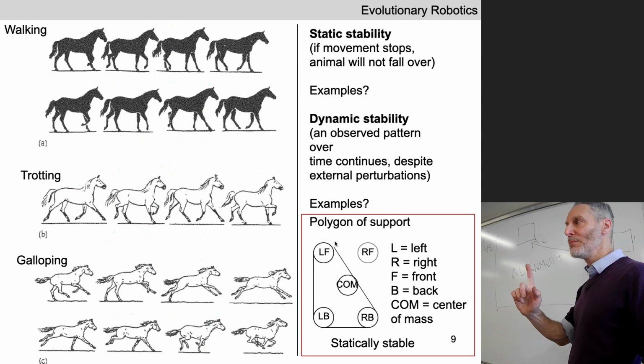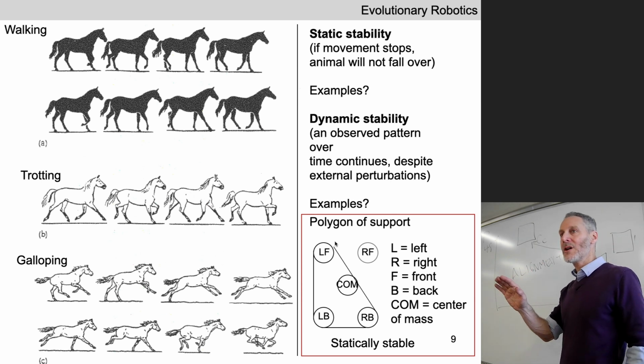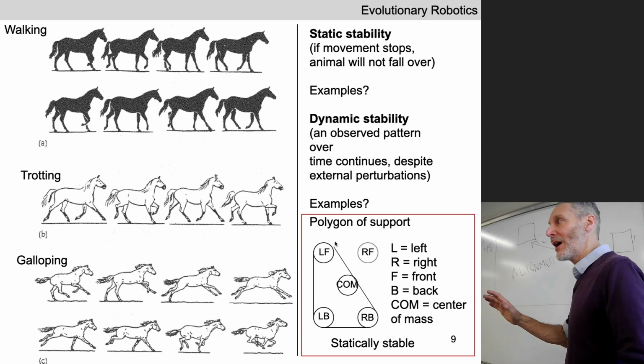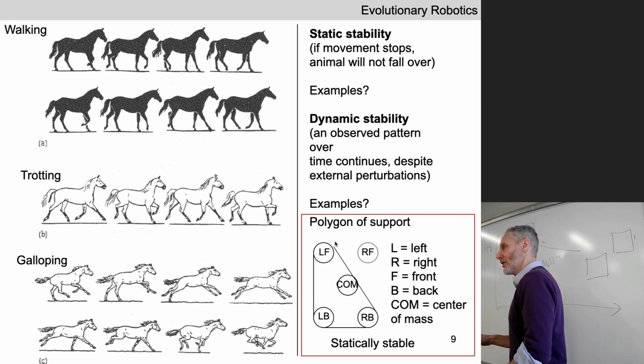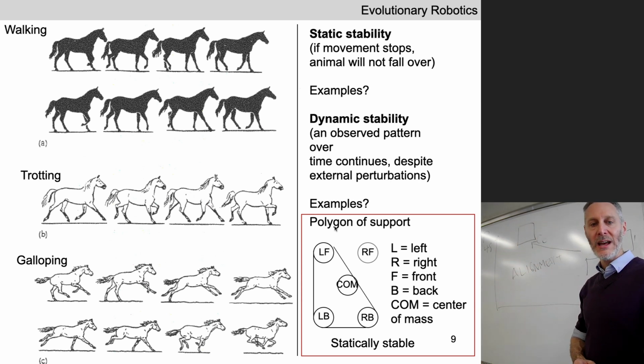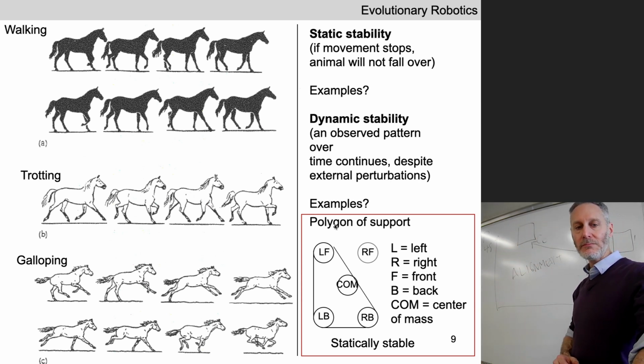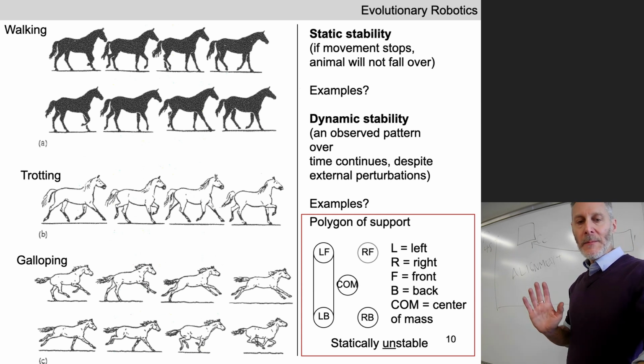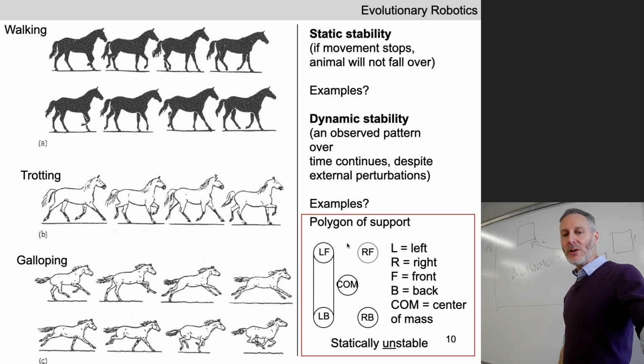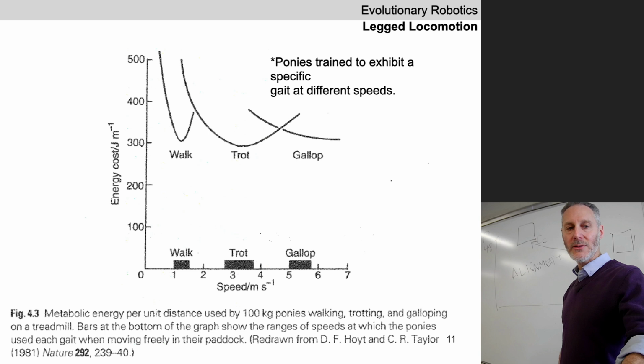And for that brief moment of time during walking, you are not statically stable. If you try and stop, you're going to rock forward and hopefully catch your balance. Okay, we've got 5 minutes left. You're statically unstable if, as I just mentioned, there's a period of time in which your center of mass is outside your polygon of support.